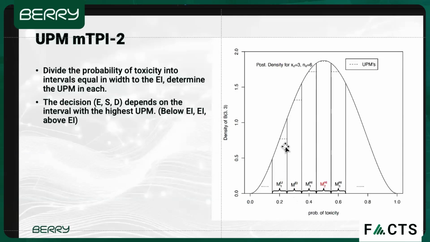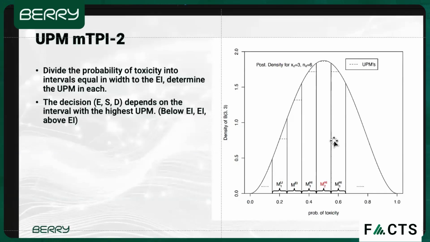And then we separately calculate the UPM in each one, and we look at the interval which has the highest UPM. So our target UPM is this one here, MEI, and then there are numerous M highs and M lows. It turns out in this case that the second M high has the highest UPM. But what you do is you find these new equally sized intervals, which one has the highest UPM, and then you repeat the decision rule we had before.